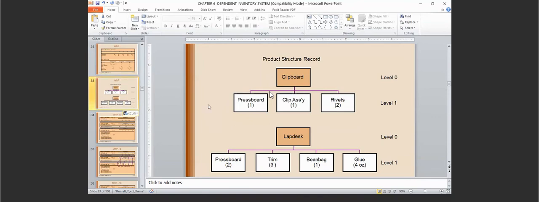We have 1 unit usage of Freshboard for the clipboard and 2 units usage of Freshboard for the lab desk.